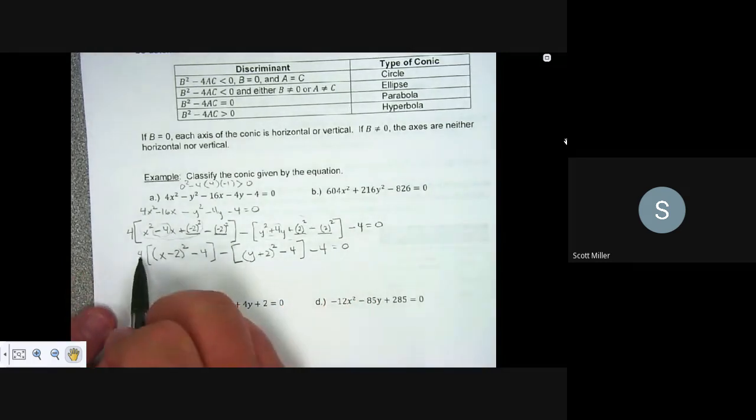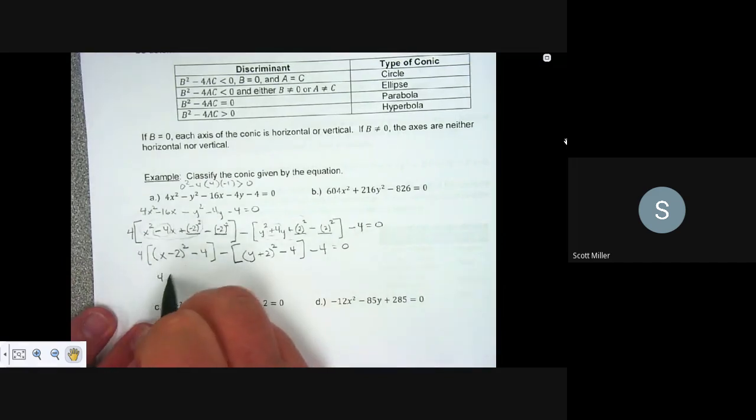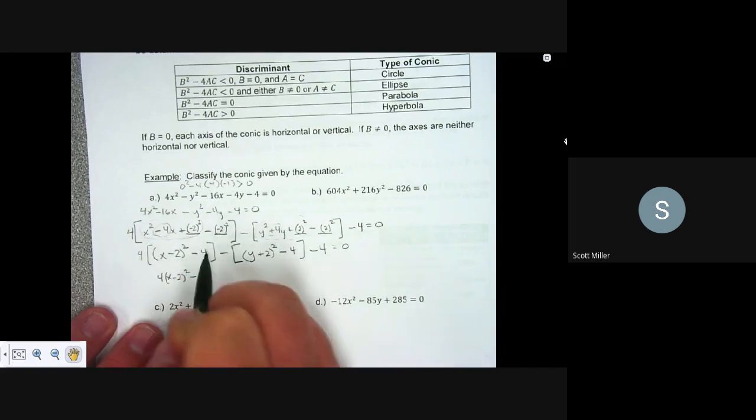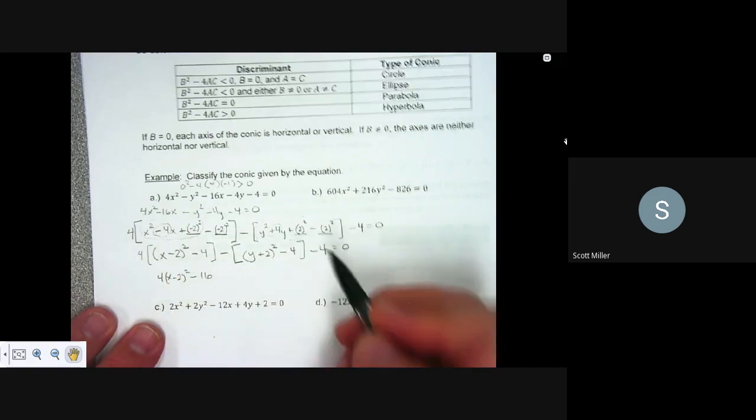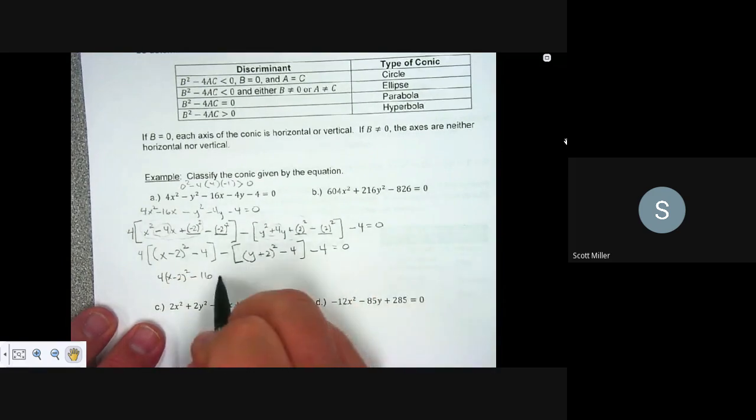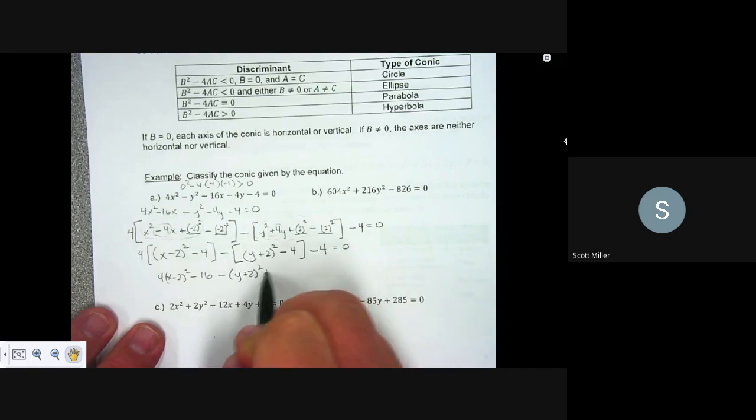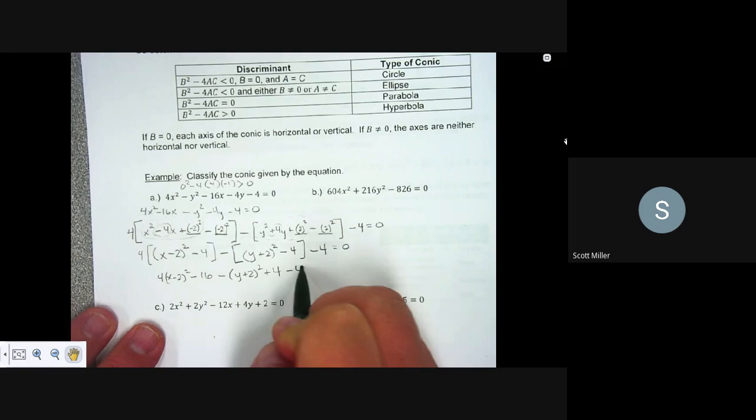So now you want to distribute this through this one because you have the number out here, so you're going to have a 4 times x minus 2 squared minus 16. Distribute this negative through: minus y plus 2 squared plus 4 minus 4 equals 0.